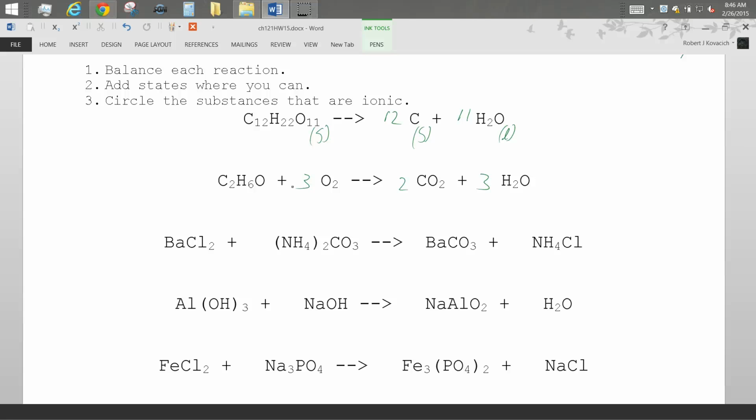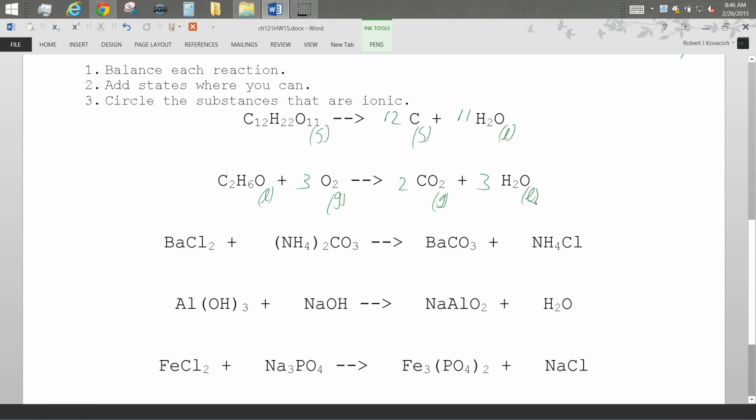What's ethanol? Louder. Liquid? Yeah, I mean, what is it though? Alcohol. The alcohol that's in beer or wine or spirits. So ethanol would be a liquid in this case. Gas. I'll just put liquid for the heck of it.